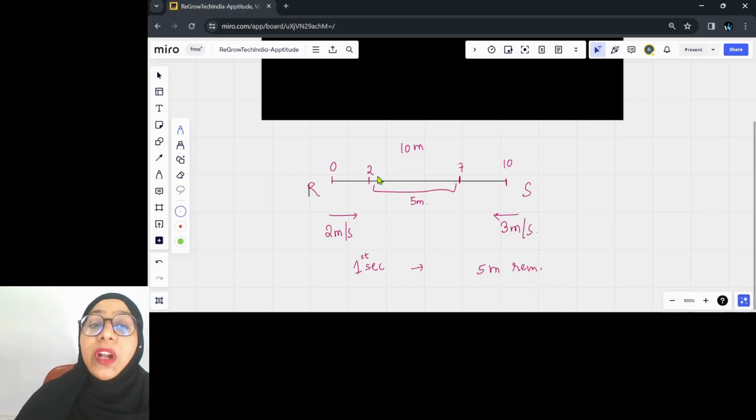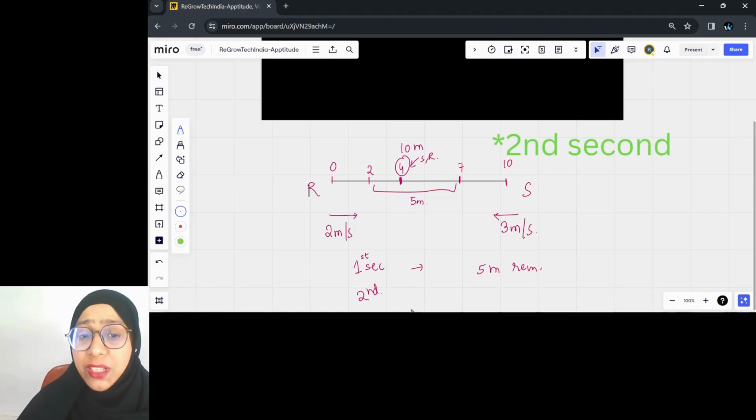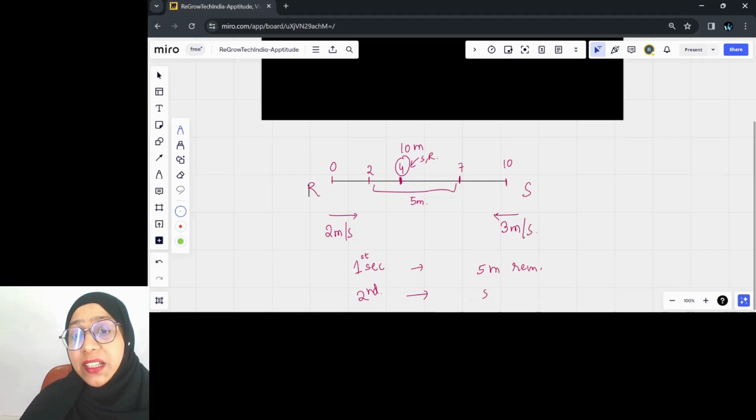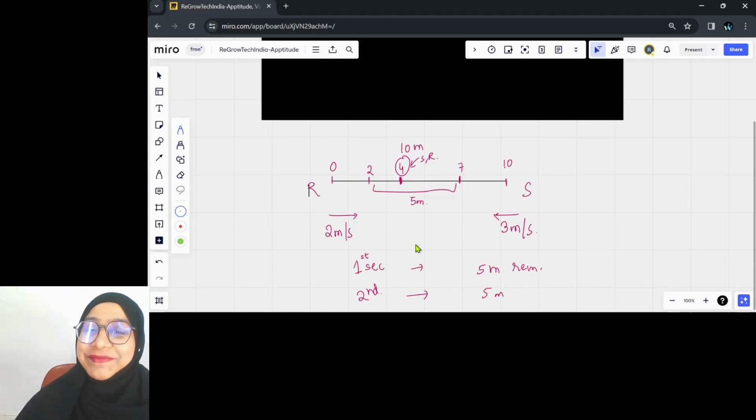Now, after the second second, Raj comes to 4 and Simran, going 7, 6, 5, also comes to 4. So both Raj and Simran meet here. In that second, they covered yet another 5 meters, and the distance between the two of them was 0, meaning they met, right?